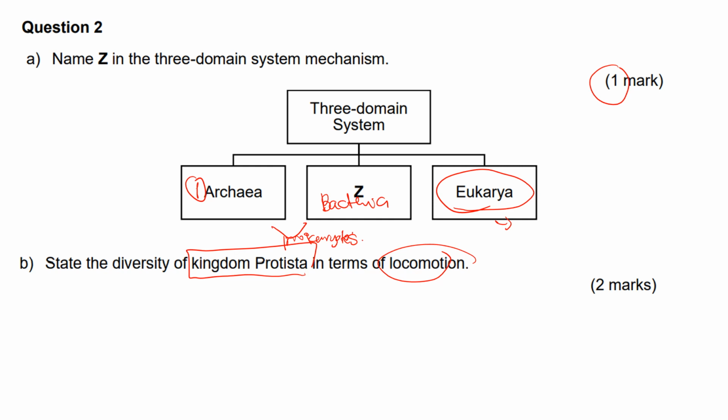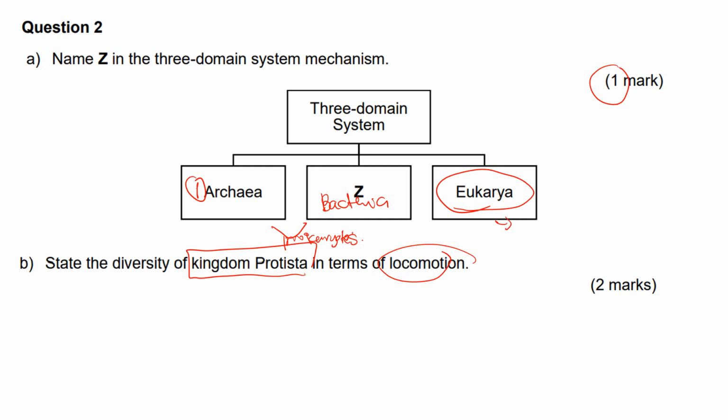So for the kingdom Protista, most of these organisms, species, live in water. They are aquatic organisms. For example, the amoeba is grouped under the kingdom Protista, amoeba species.